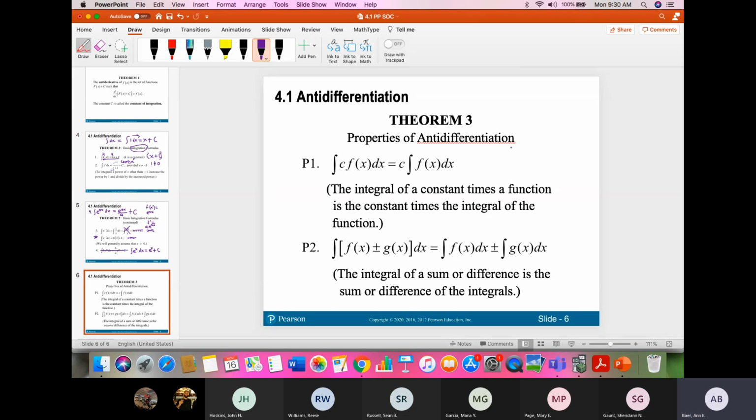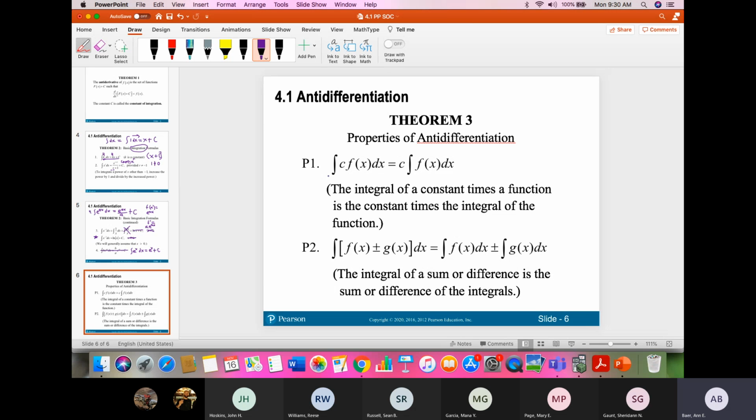There's a couple other properties we need to look at that are important to talk about before we get started looking at some of the problems. And remember, in some sense, integration is the reverse of differentiation. However, when we integrate, we have to add on that constant of integration all the time when we have an indefinite integral like we're dealing with right now.